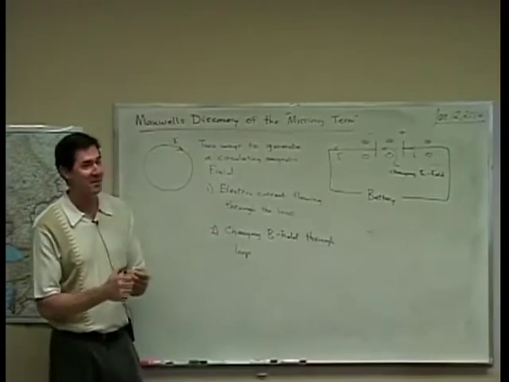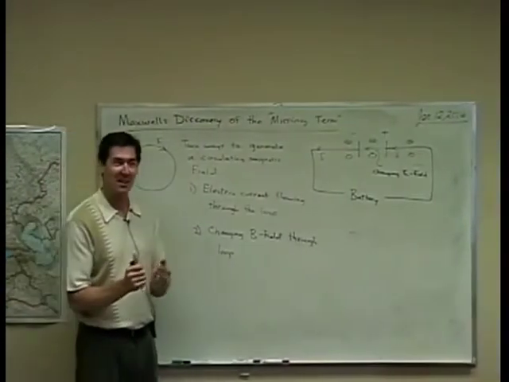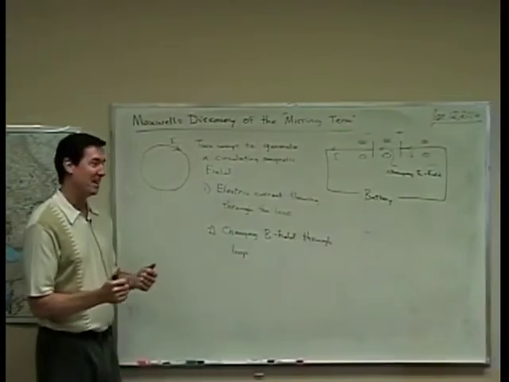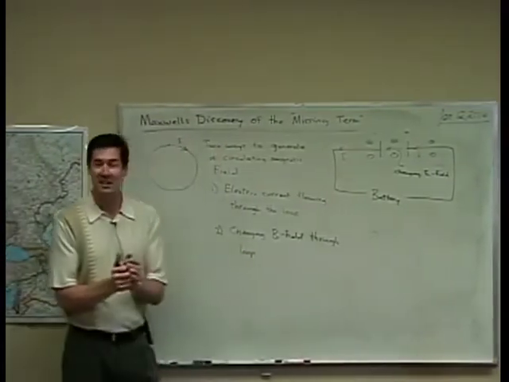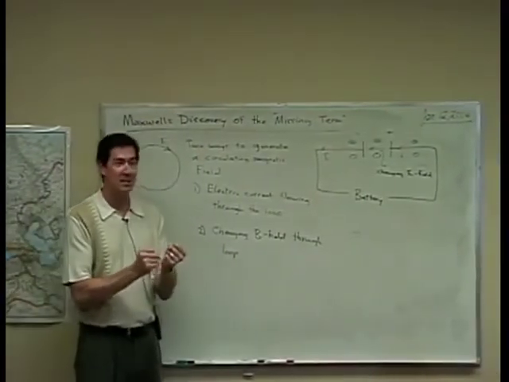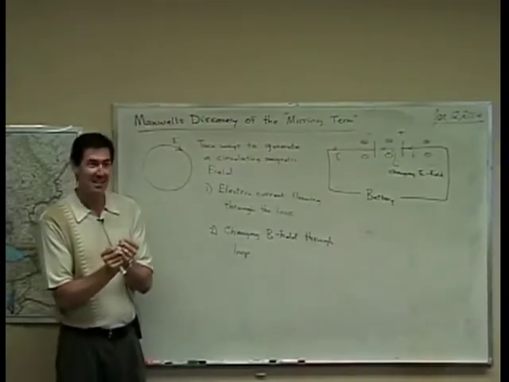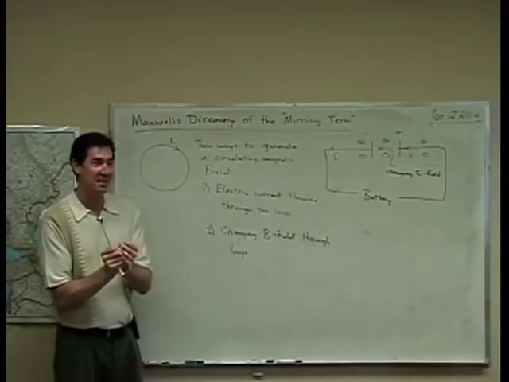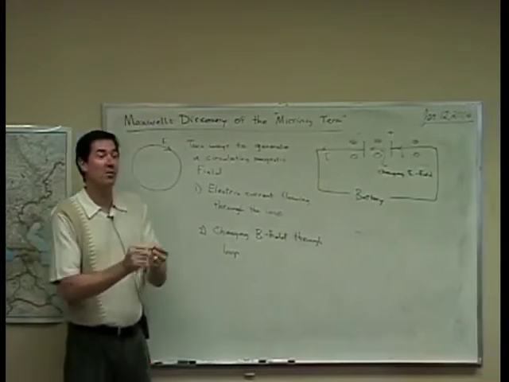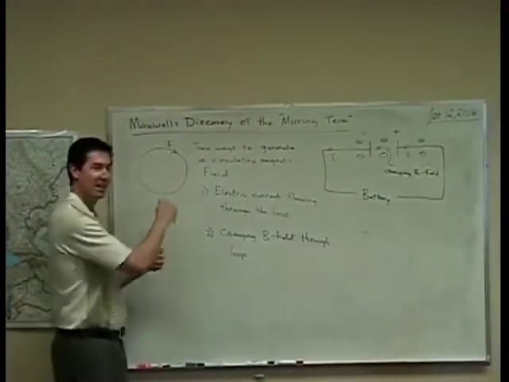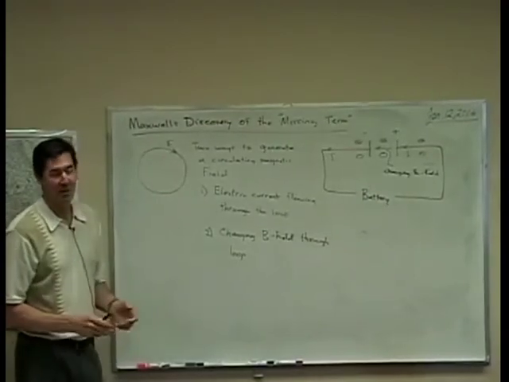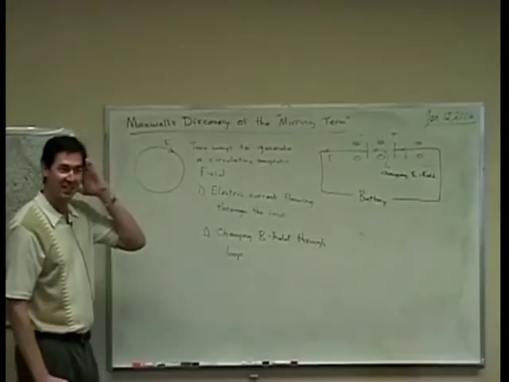Every time you have a north, you always have a south. I mean, that's equivalent to, like in electricity, if every time you had a positive, you had to have a negative, and there was no net electric charge at all that you could ever put through a loop, then that wouldn't work.